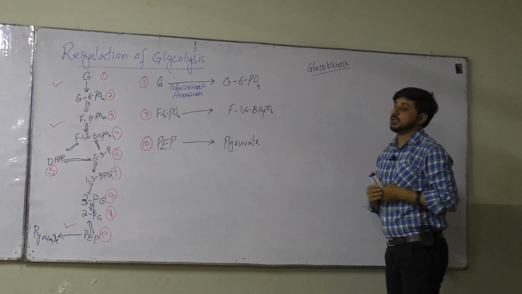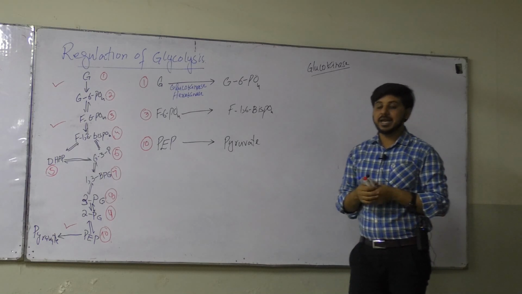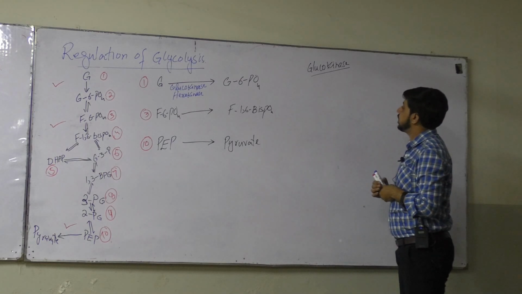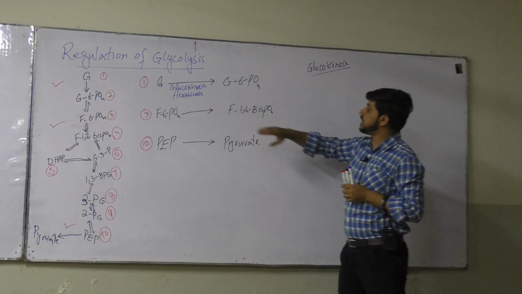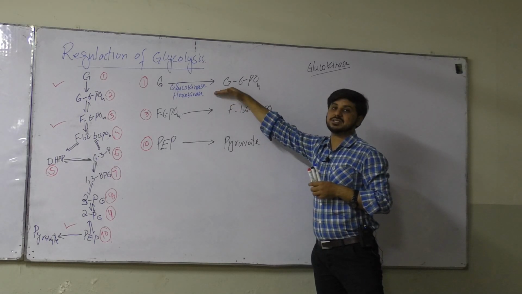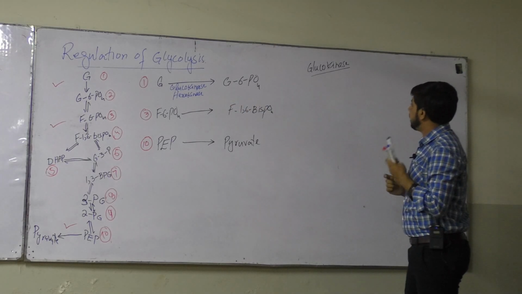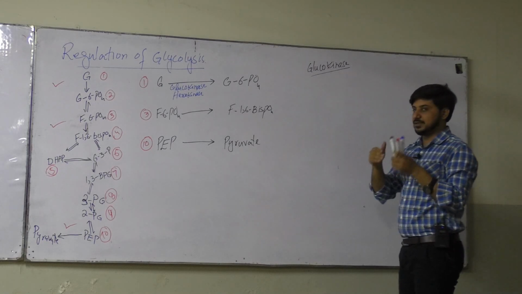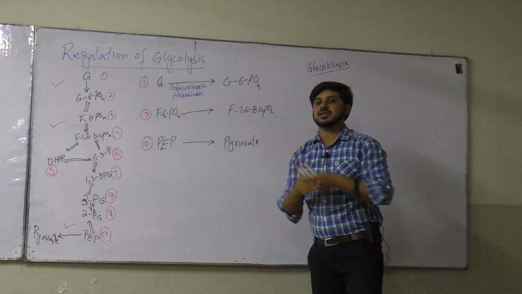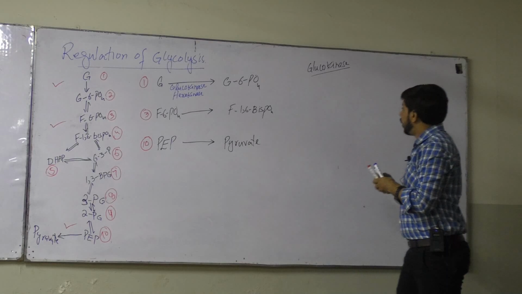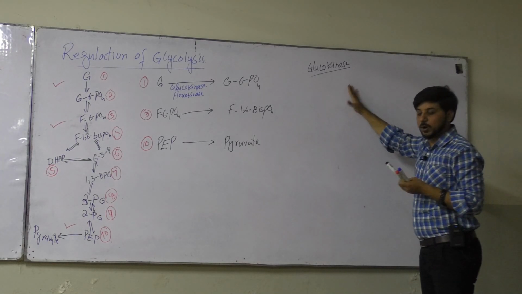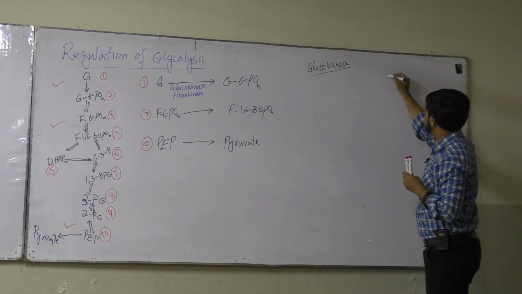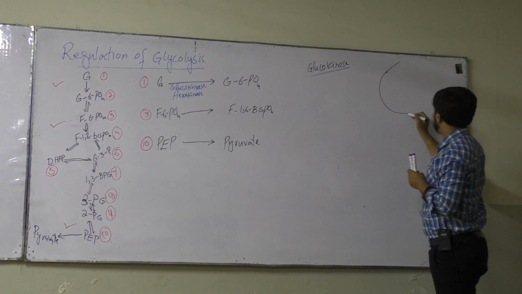That's why glucokinase is a very important enzyme. Remember, glucokinase has an active form as well as an inactive form. When we talk about the inactive form, it is in the nucleus, this is the nucleus.